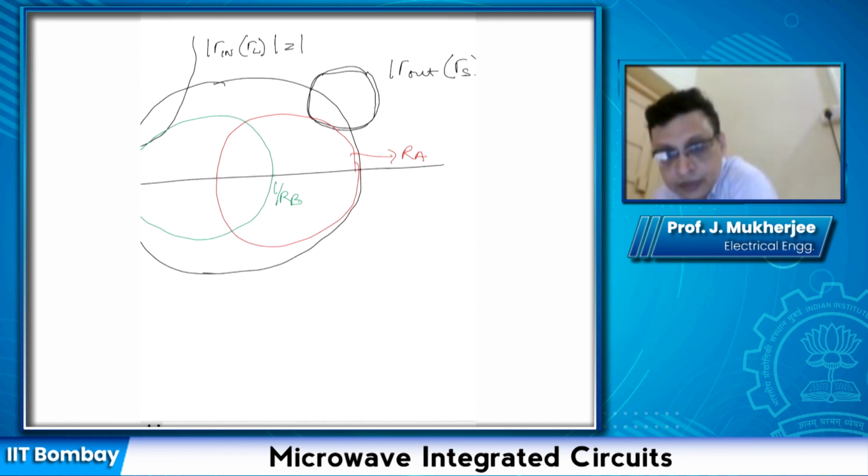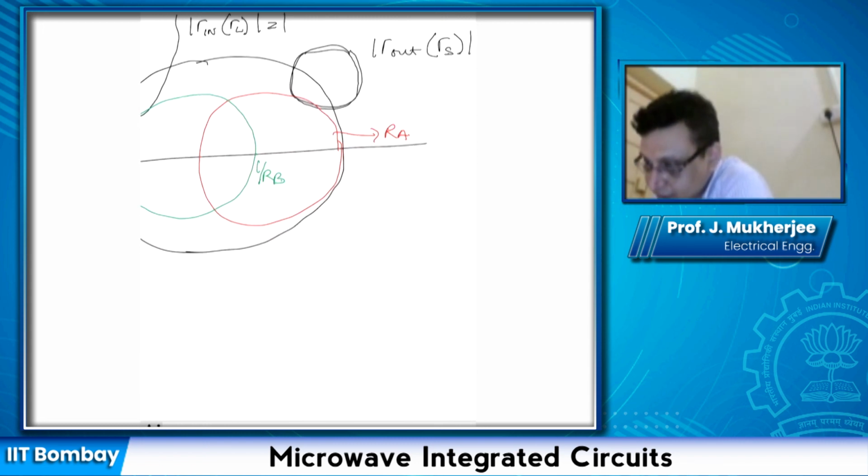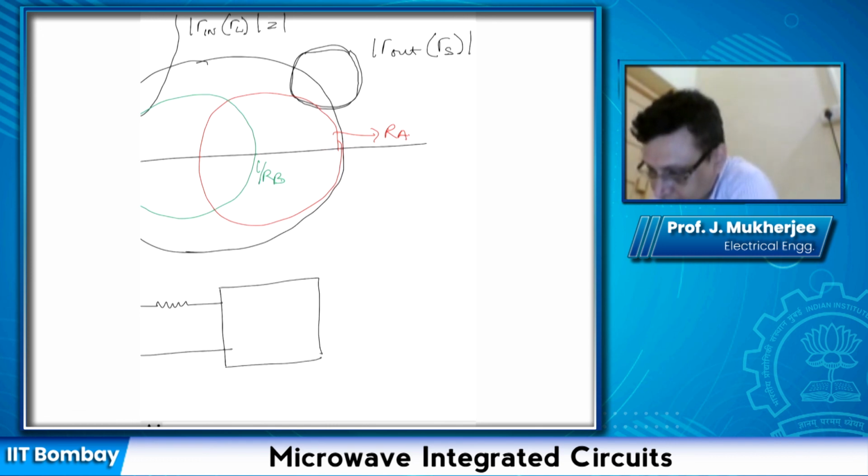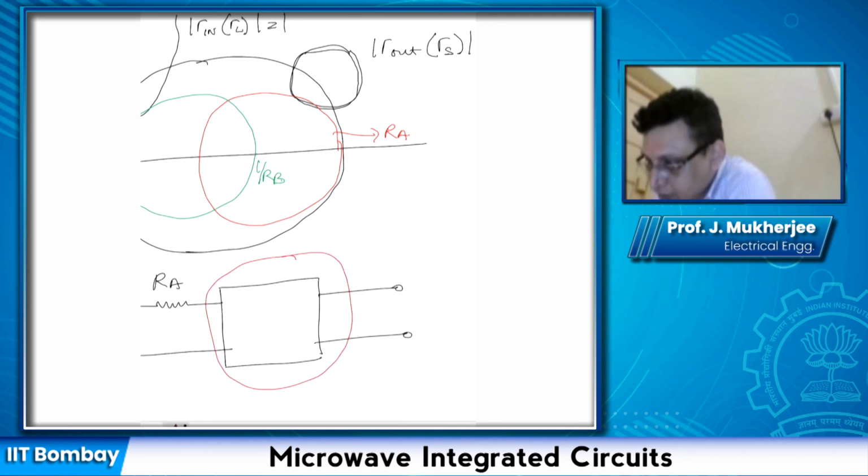However, if we add a series impedance of Ra, suppose this was our two-port network. So this was the potentially unstable two-port network whose input and output stability circles are shown in this diagram.